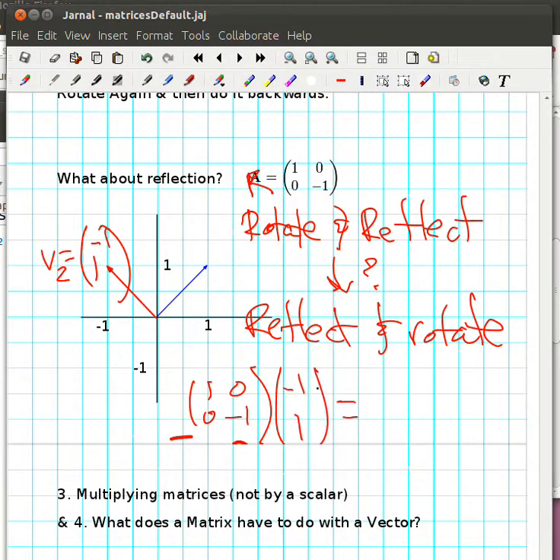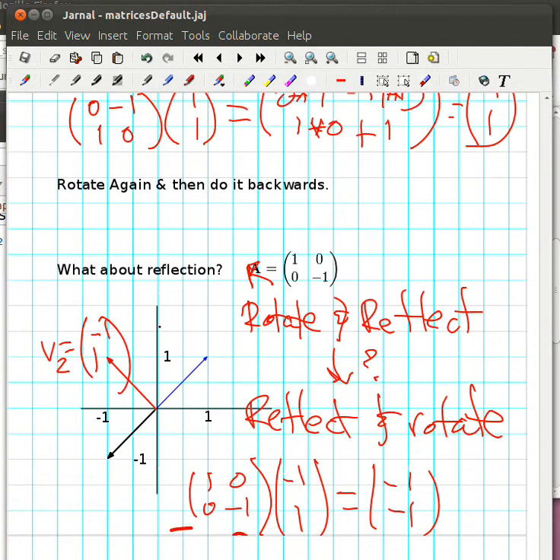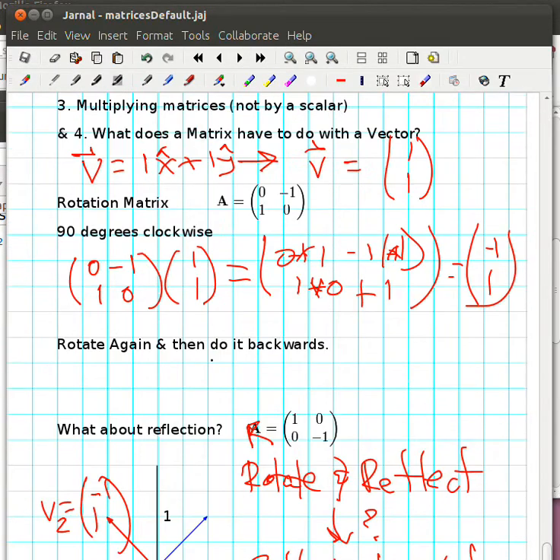So what does that look like? Negative 1, 0, 0, and negative 1. So here we see we're going to get a vector and it's going to end up at negative 1 and negative 1, just as we expected. It was going to reflect it across the axis. So that's good, and it just looks like another rotation. But actually this is a reflection.